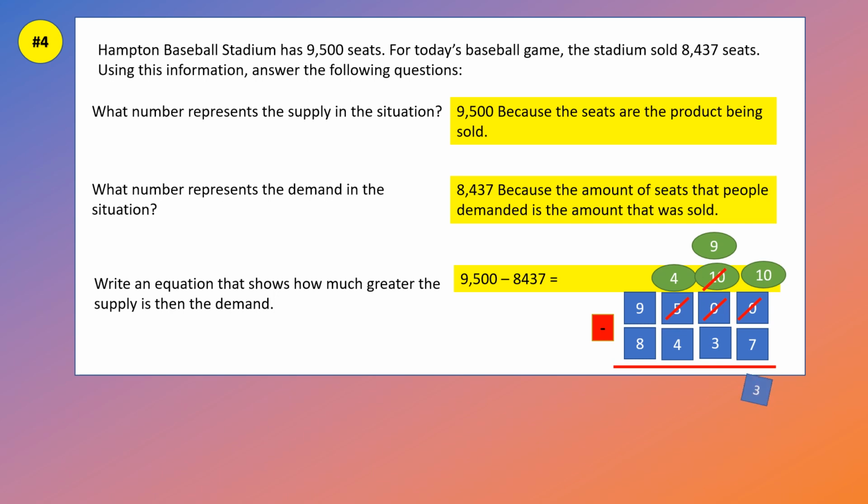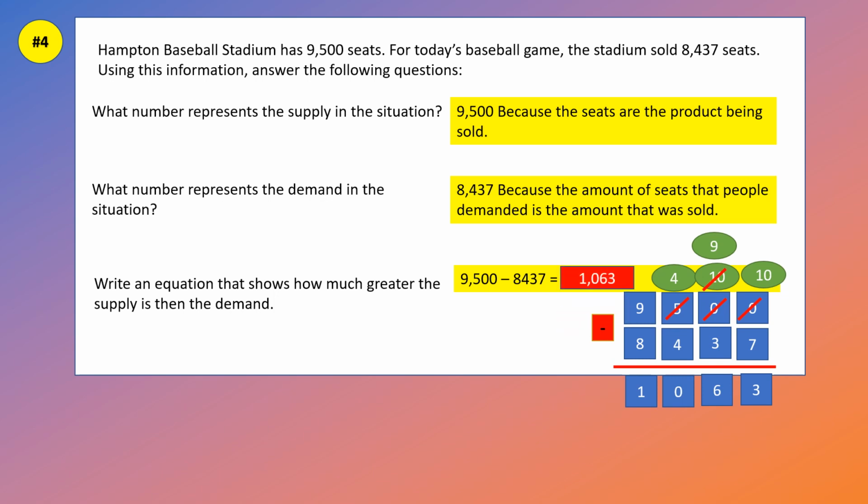So what's 10 minus 7? 3. And 9 minus 3? 6. And 4 minus 4? 0. And 9 minus 8? 1.